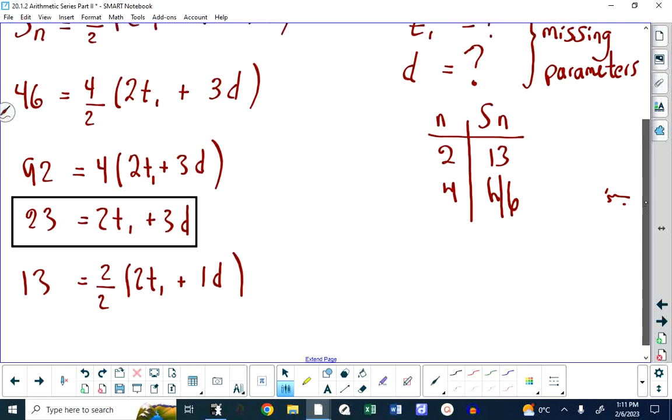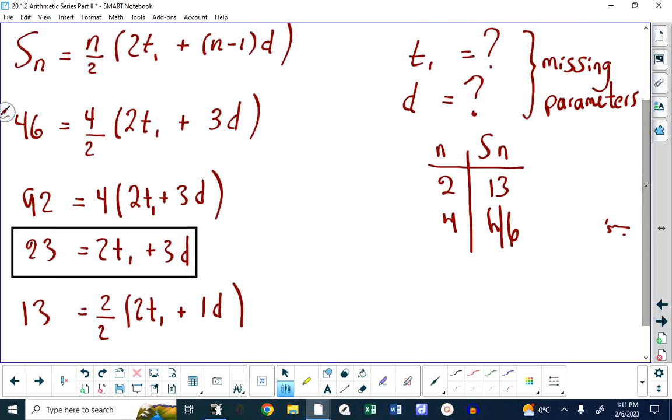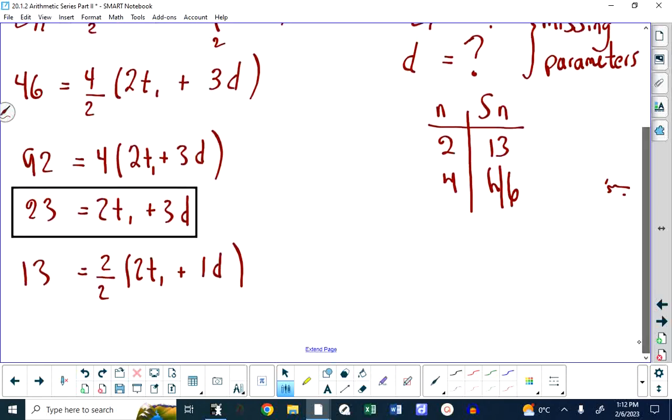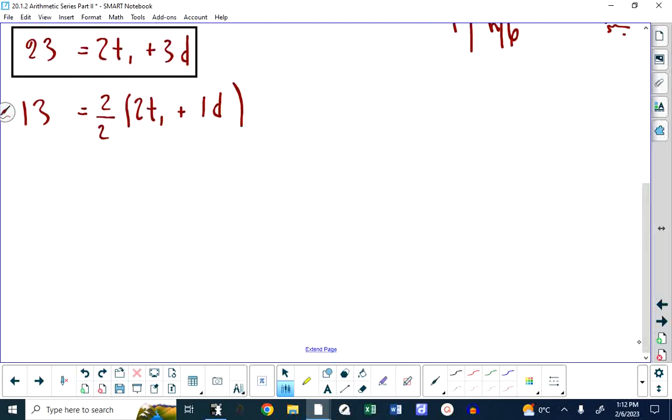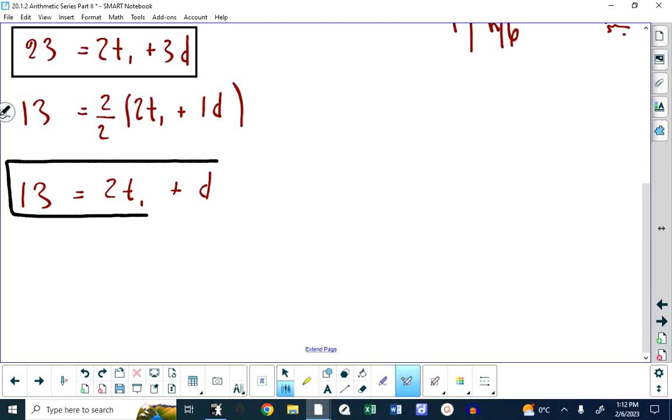Because I'm putting into this formula at the top of the screen for my second equation, I'm putting 2 there. I'm going to clean that up just a little bit and write 13 equals 2t1 plus d, because 2 over 2 is just 1. There's my second equation.